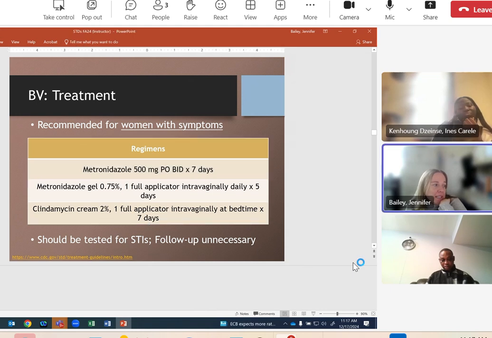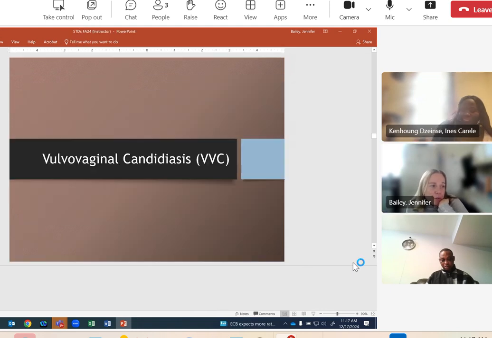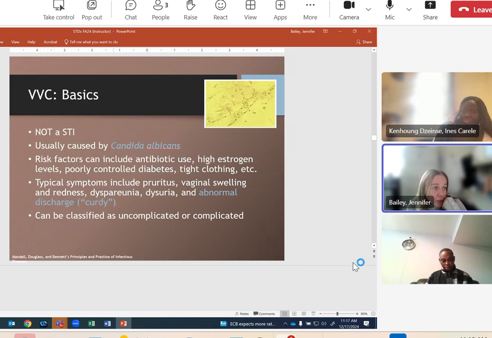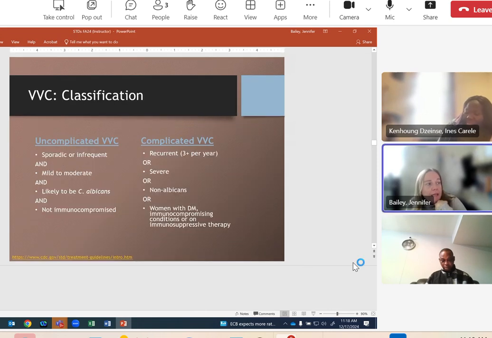And then lastly, vulvovaginal candidiasis. That's a yeast infection of the vaginal area. They're usually caused by Candida albicans or other Candida species. The important thing with patients who have VVC is to classify them as uncomplicated or complicated.